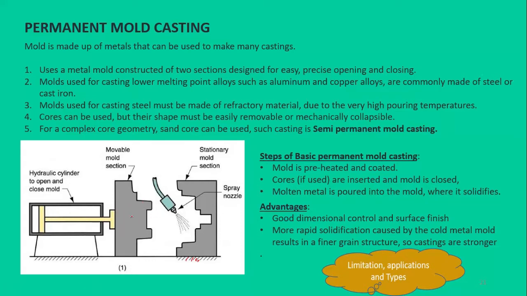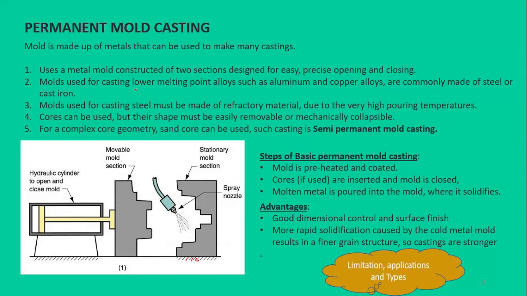So there's some mechanism to open and close. So one section of the mold is movable while the other is stationary. The mold should be designed in such a way that the opening and closing should be easy and convenient.